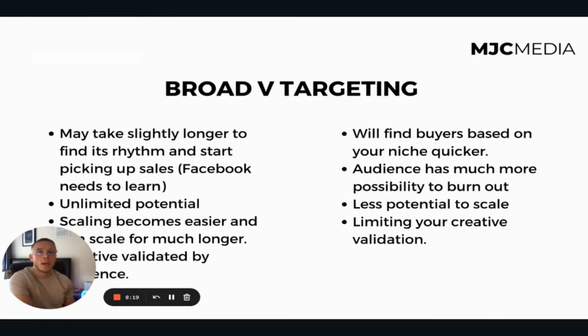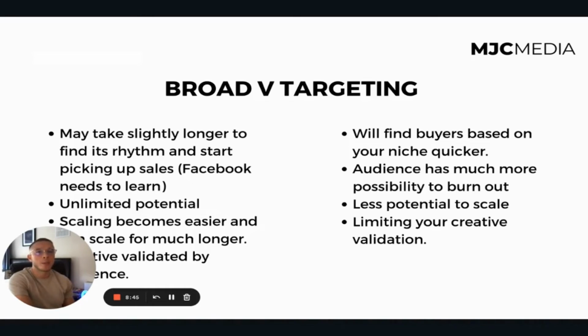Targeting will find the buyers quicker because you're showing the video, the image, the ad, to the people that are in your direct customer persona. You've picked it out on Facebook, and it's going to find those people quicker. It's going to generate some quick sales, but then after a while, it's going to burn out quite easily.